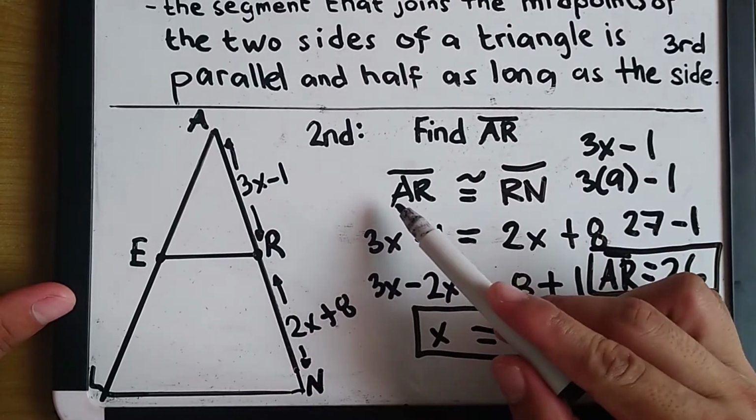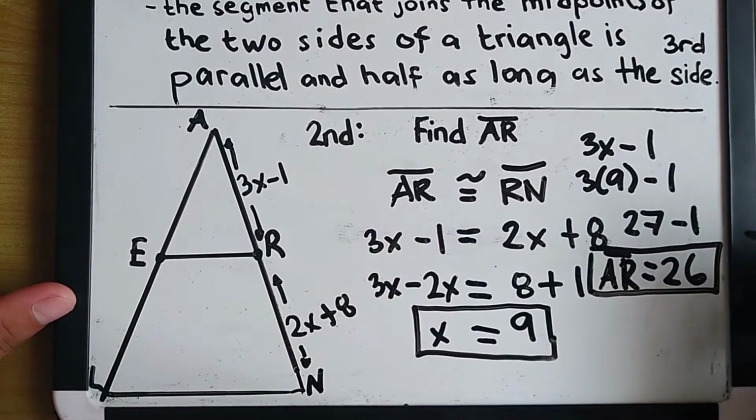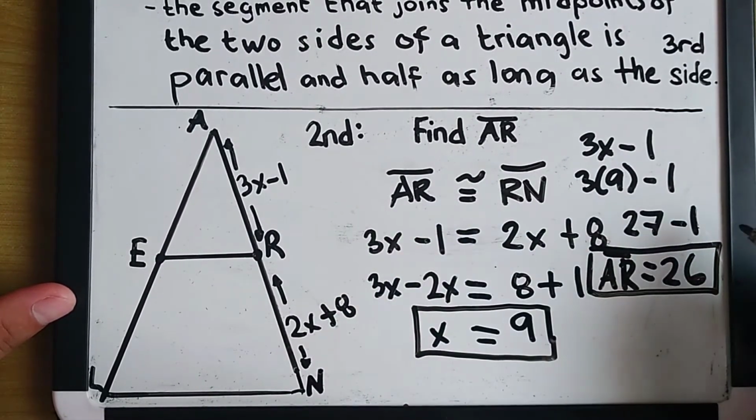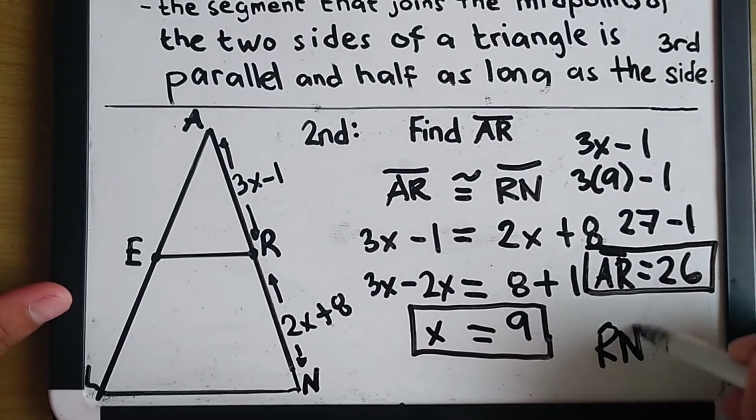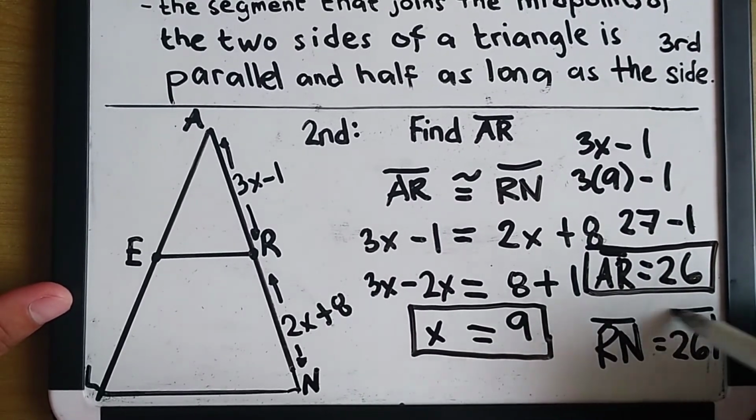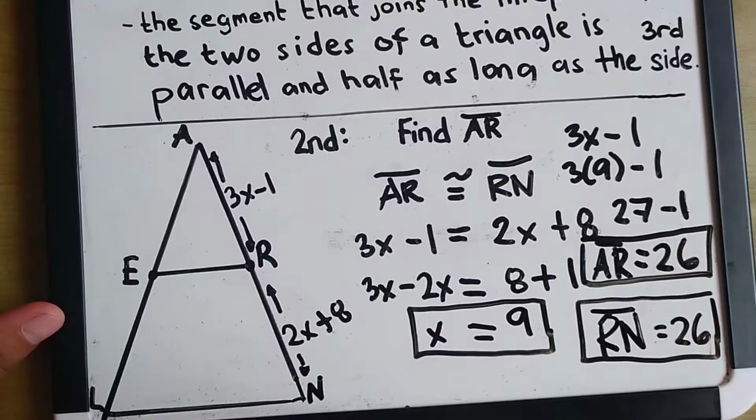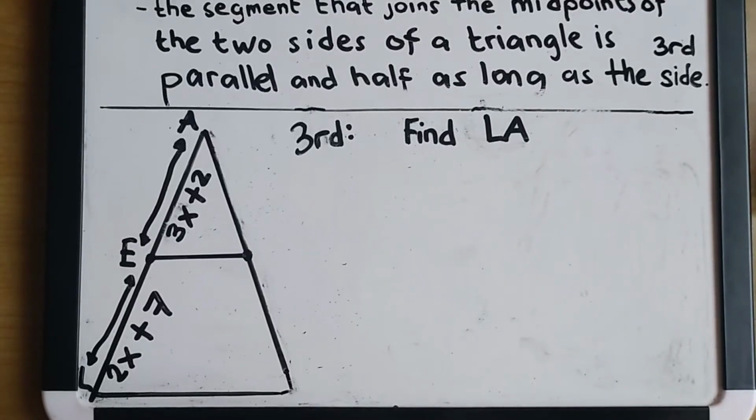Since side AR is congruent to side RN, side RN is also 26. For our third example, we are asked to find the value or the measure of side LA.